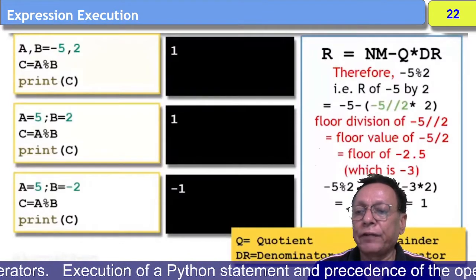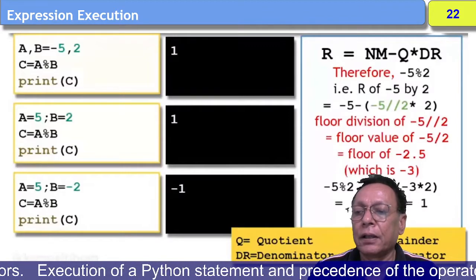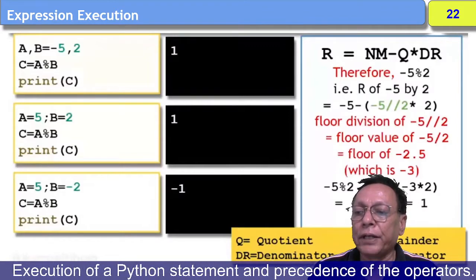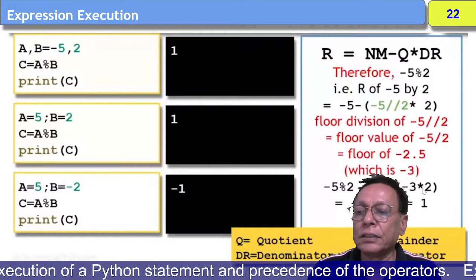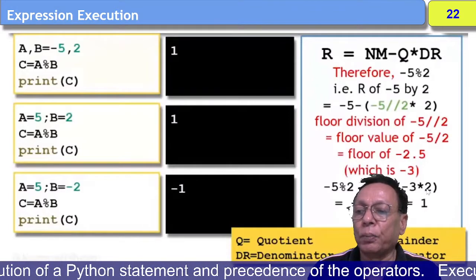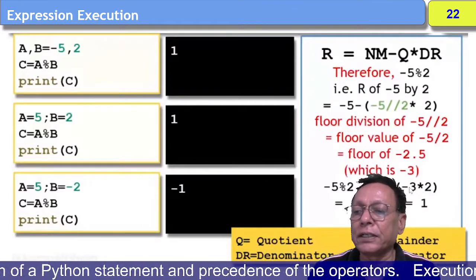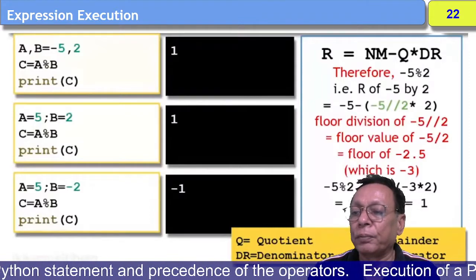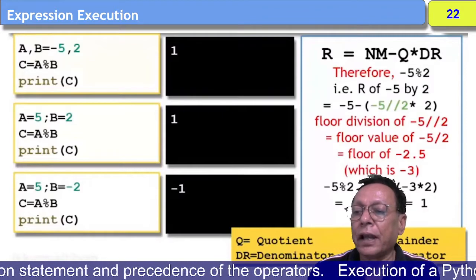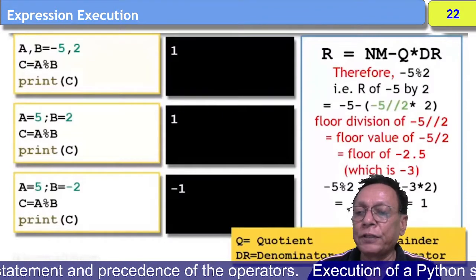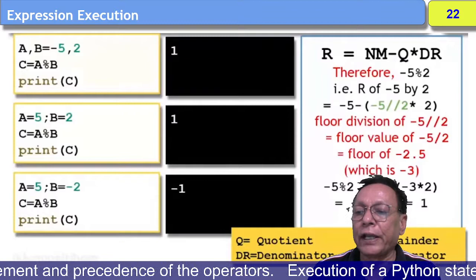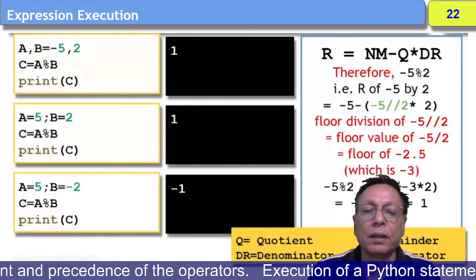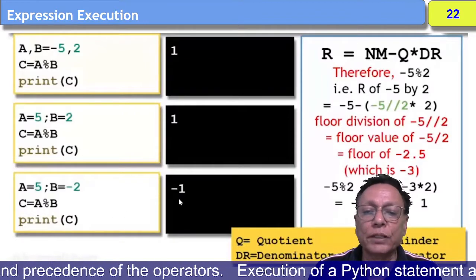Means plus 5 minus, and this is -3, and this is -2. So -2 into -3 is plus 6, and with the -1 multiplication it will give you -6, and this is positive 5. So -6 plus 5 is -1.